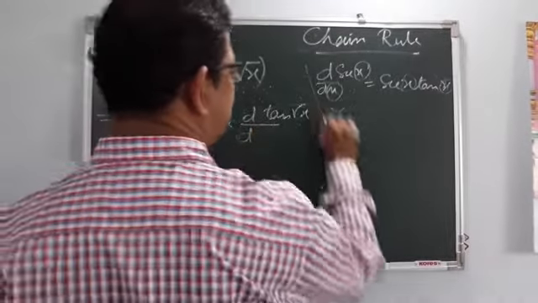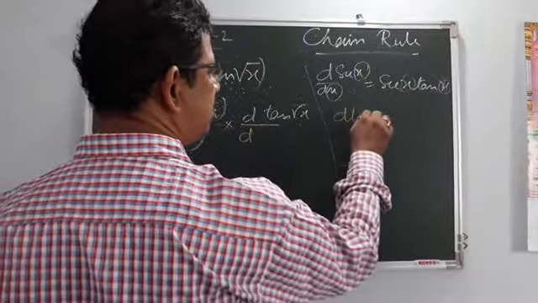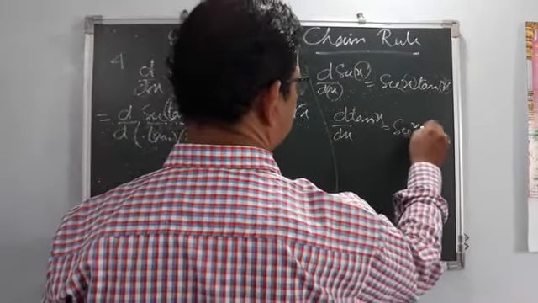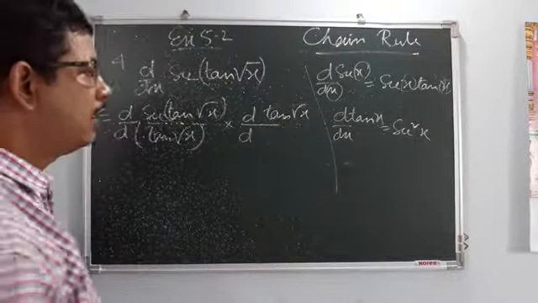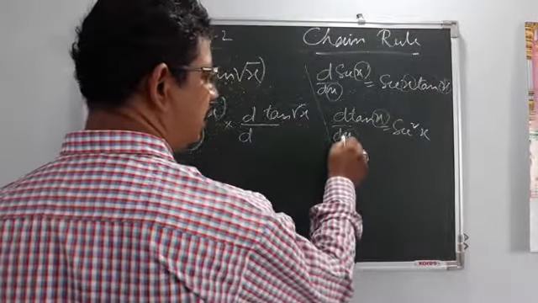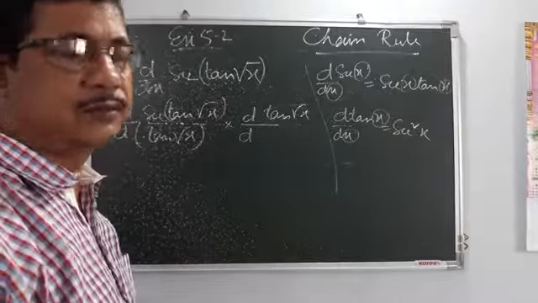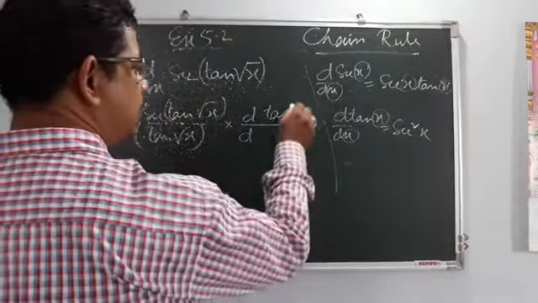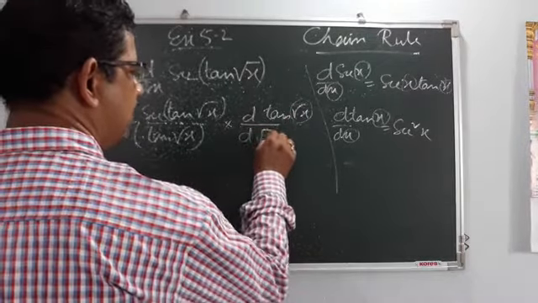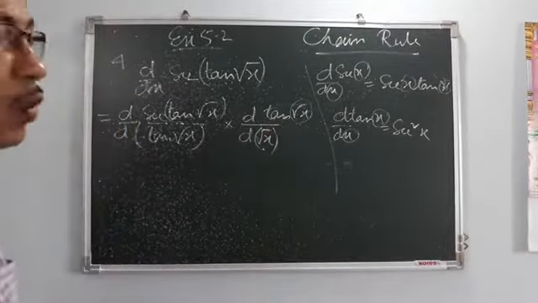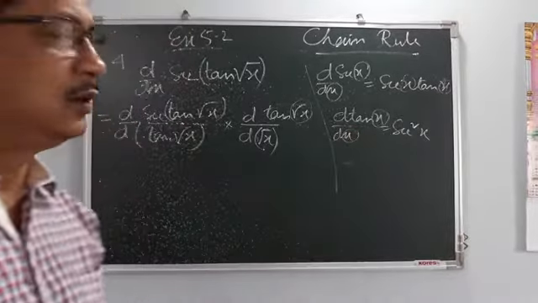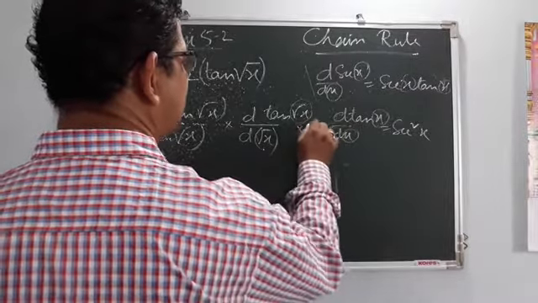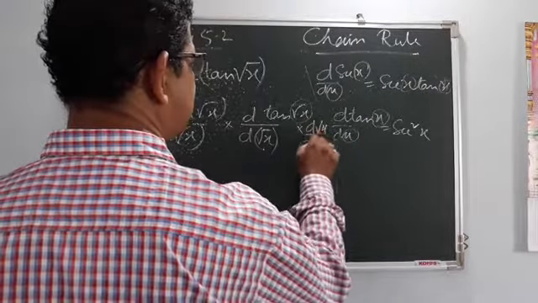Now again you see that differentiation of tan x with respect to x is sec square x. If both are the same, the answer is sec square x. Here it is root x, so we have to write d root x, to make it like that. After that, to make it equal, d root x by dx.